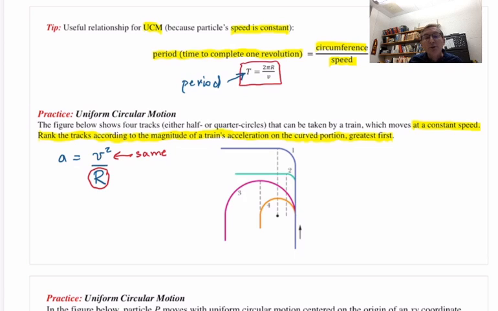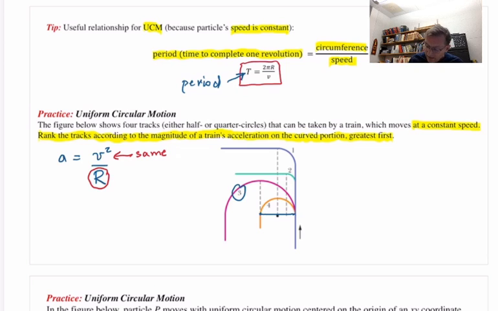Do you see which curved portion has the biggest radius of the 4? Did you say track 3? Because that curved portion has a radius, I'll sketch it. There's its center out to the edge. That blue line I draw right there, that's the radius for curve 3. Okay, and that's the biggest radius.